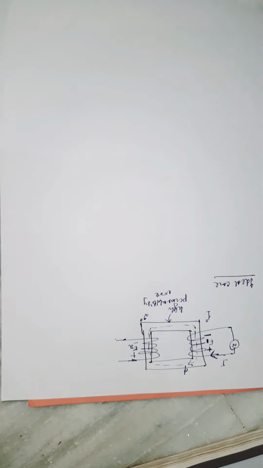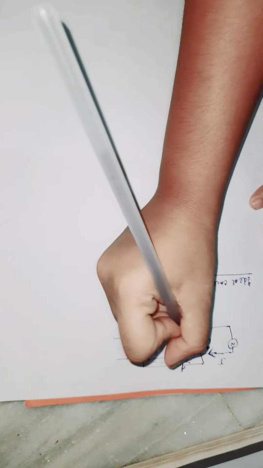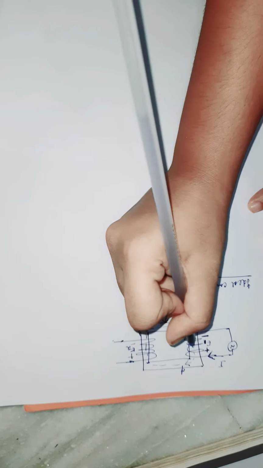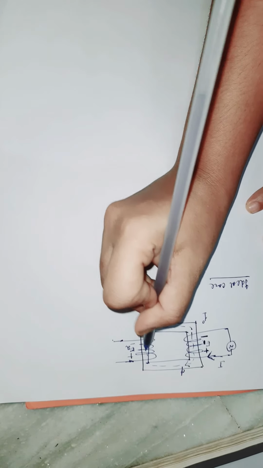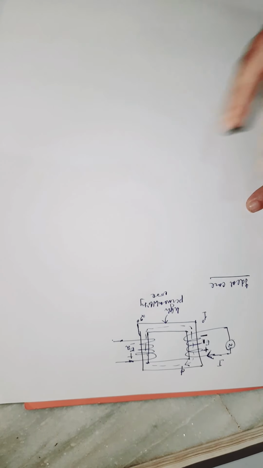Otherwise, practically, there might be some leakage of this flux. Leakage means this flux should ideally flow only in this high permeability core, and it should not link any other part.